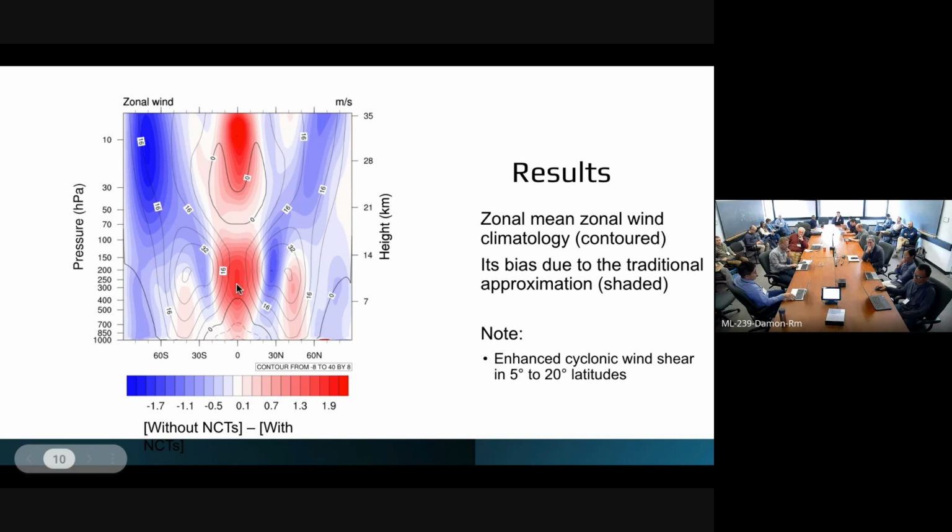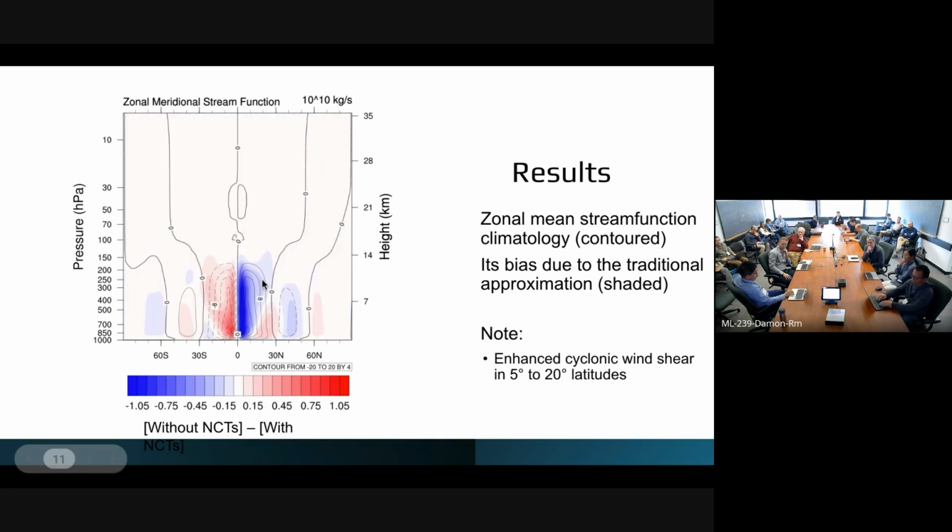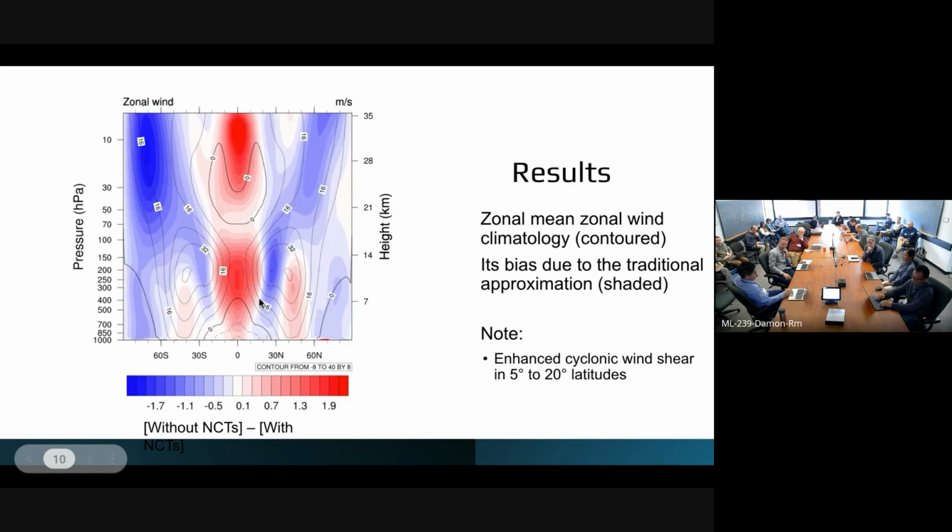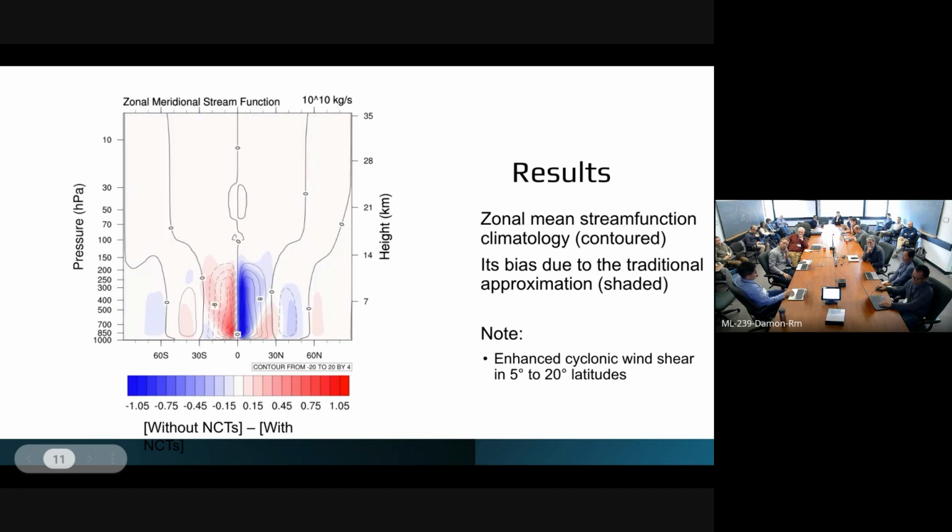Upward motion is going to introduce a westerly wind bias when omitting the non-traditional Coriolis terms. So this is consistent with my theoretical study. And also downward motion here because the stream function is decreasing toward the north. And blue color here means an easterly wind bias. We can check everywhere. Basically, it's consistent with my linear model results.